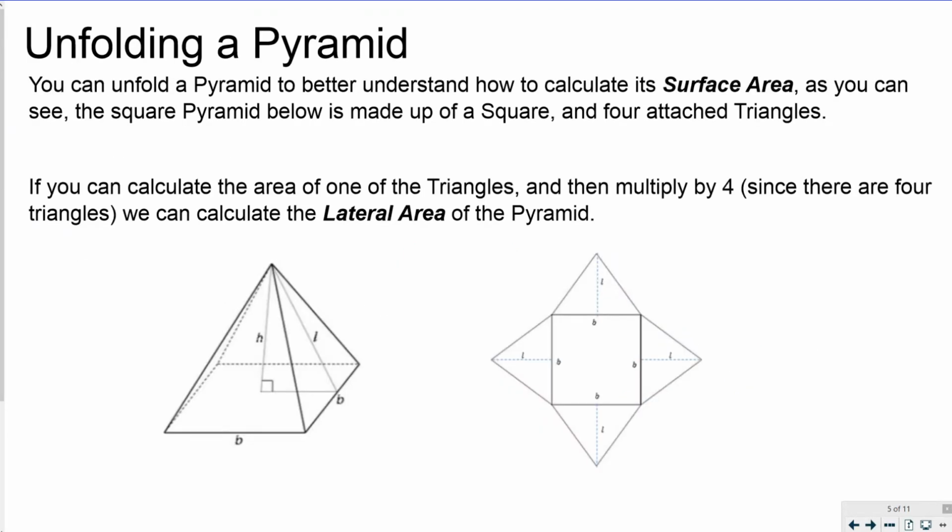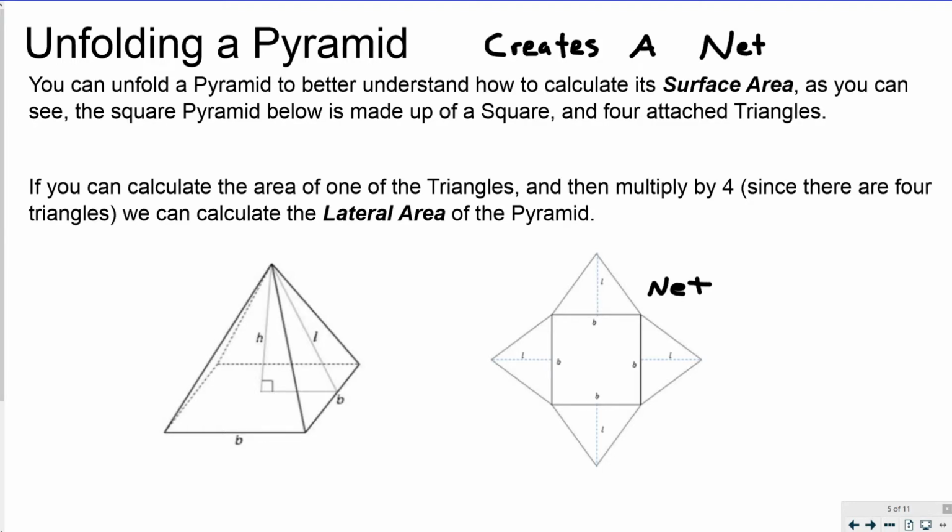So with that, we can create what's called a net. So unfolding a pyramid, this creates a net. I just want to mention that because it is specifically called a net. And the net is this figure on the right.